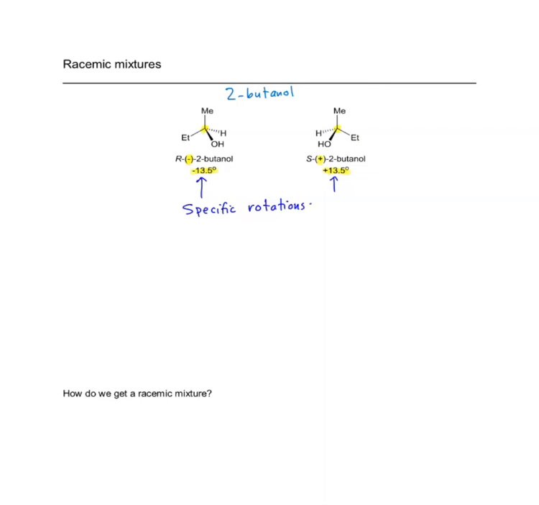Each chiral compound is going to have a specific rotation associated with it. Notice with those numbers, a pair of enantiomers rotates plane polarized light in equal and opposite directions. This is the only difference in their physical properties.